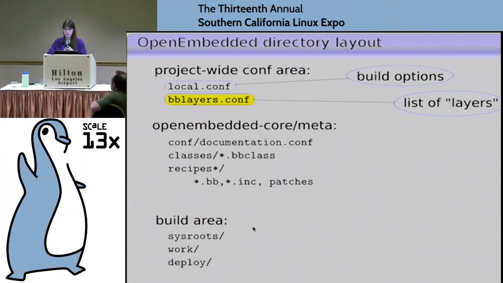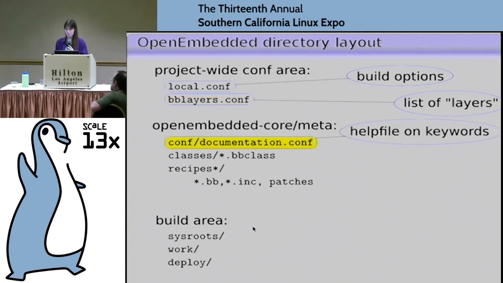So now you have the OpenEmbedded-core meta, and that is actually a layer in itself. It's got all kinds of really base, important stuff that the OpenEmbedded team maintains themselves. I'm going to point out just a few really interesting things from there.